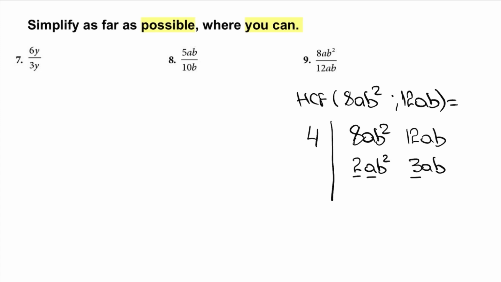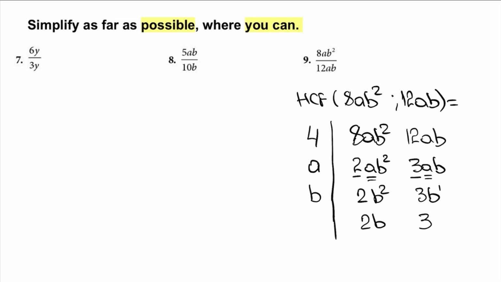Next, we check the letter a. Letter a is common, so we divide by a. We get 2b squared and 3b. The power of b is 1. So both of them are divisible by b. 2b squared divided by b is 2b. 3b divided by b is 3.